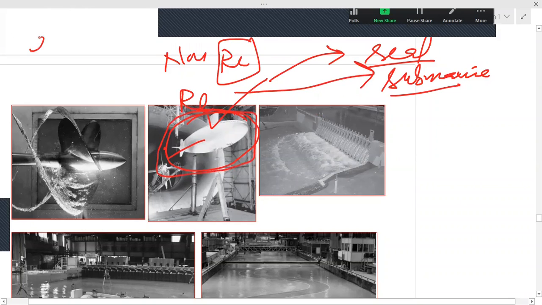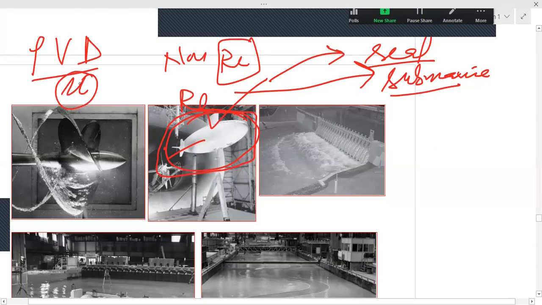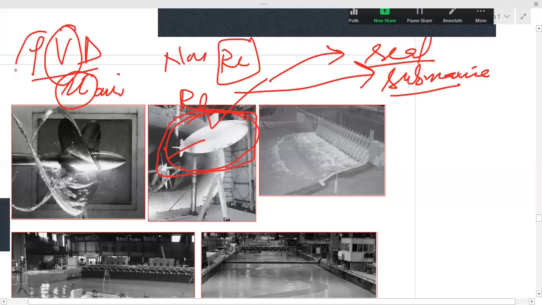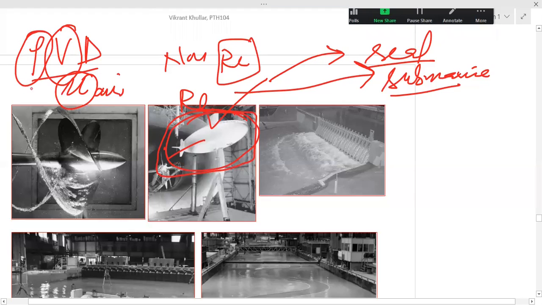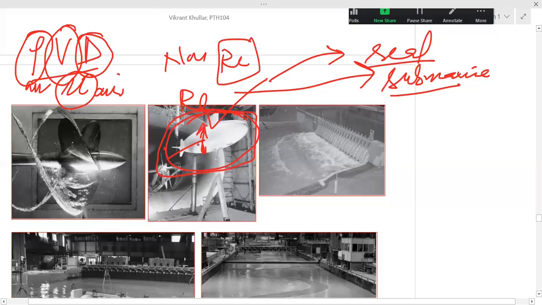Because you know that rho, V, D and mu are different, because mu here is of air. Velocity, you can say same velocity or some multiple of that. Rho is different, of air. This dimension is also different because this is not the actual submarine.